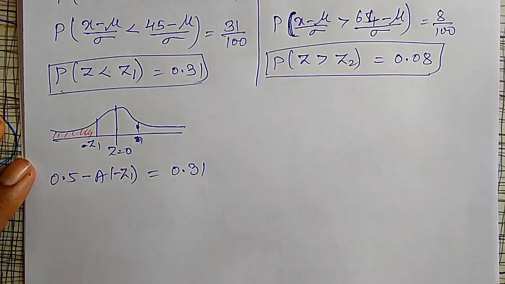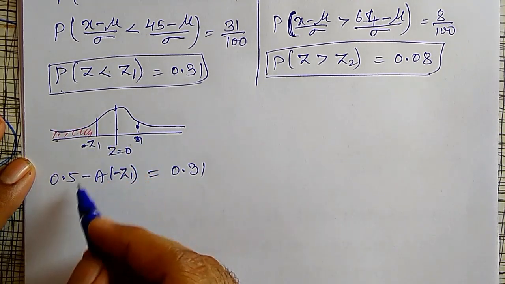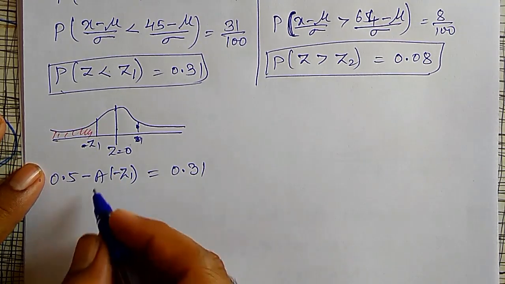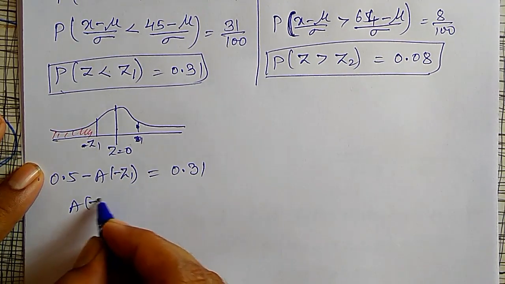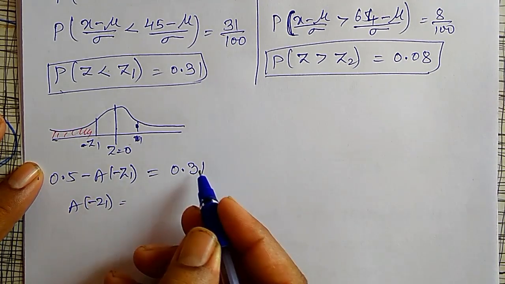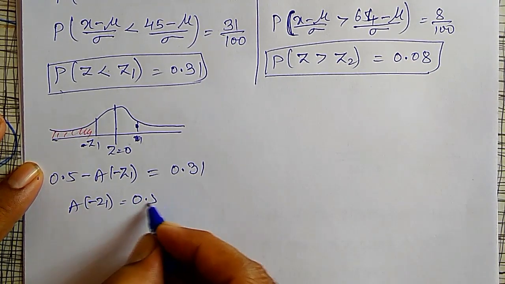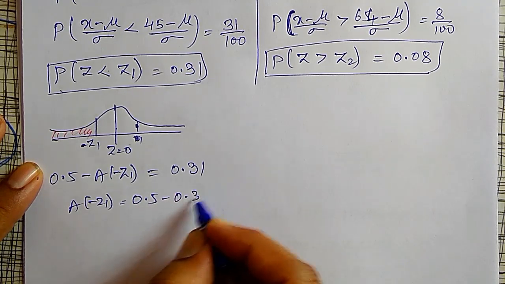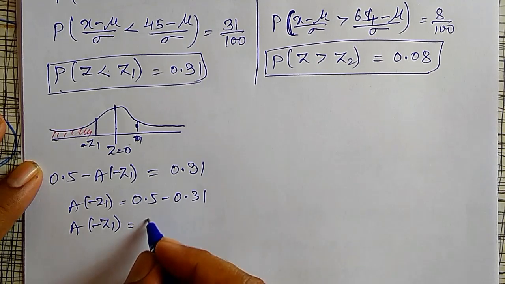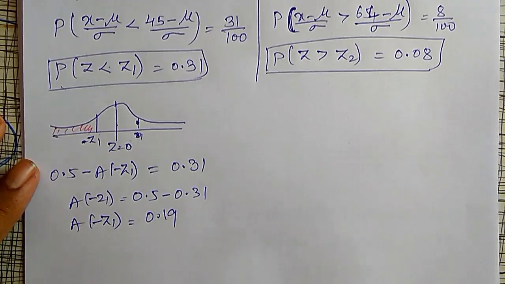Therefore, A of minus z1 equals 0.5 minus 0.31, which gives A of minus z1 equal to 0.19.